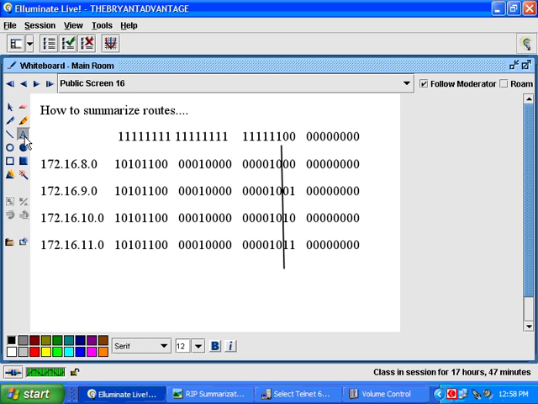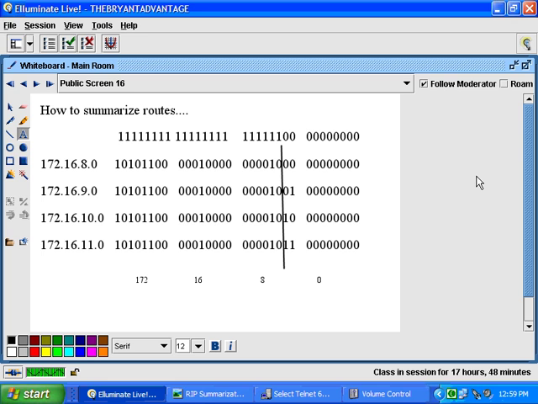It's 172 for this octet, it's going to be 16 for this octet, and then for this one, it's simply the value of all bits set to the left of that line. And it's 8, because the 8 bit's the only one set to 1, and then everything else is a 0.